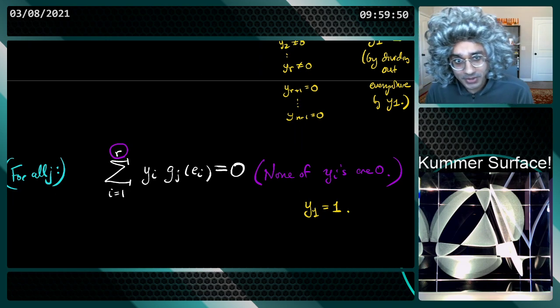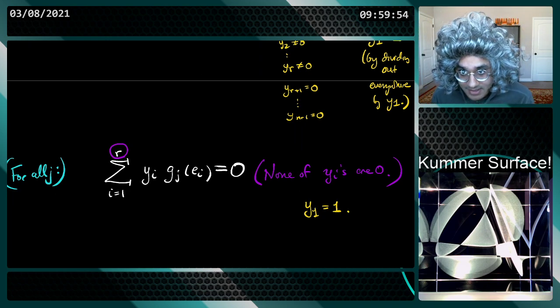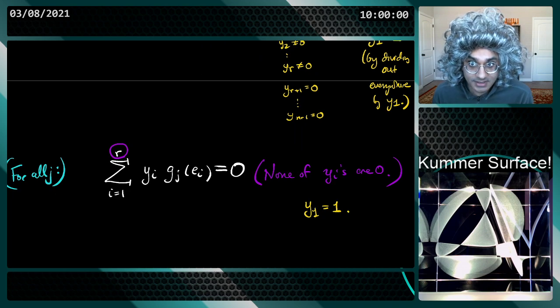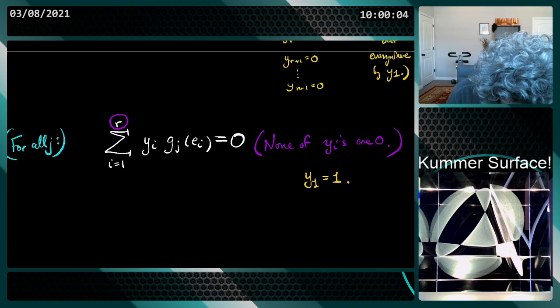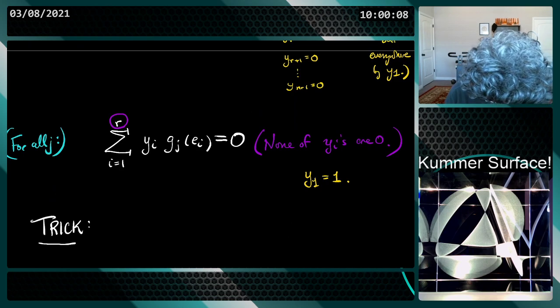So now we do something very clever. We apply a random element of the group G to these relations. Now the trick.